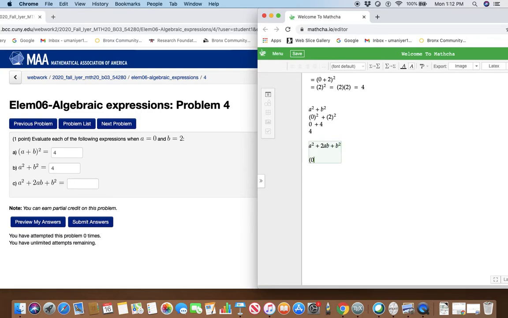A is 0 squared. A is 0. 2ab. 0, 2 plus 2 squared. B is 2. 0 squared is 0 plus 2 times 0 is 0. 0 times 2 is 0 plus 2 squared is a 4.